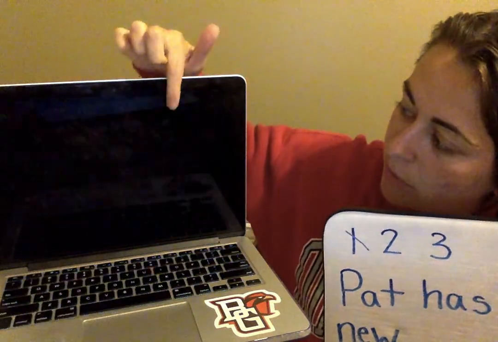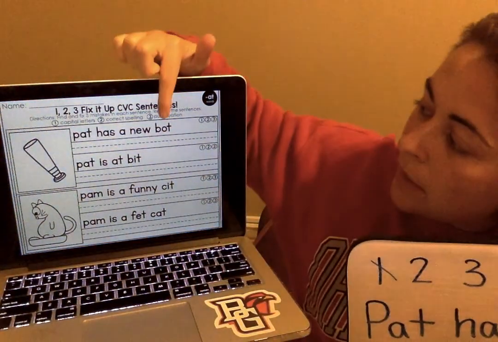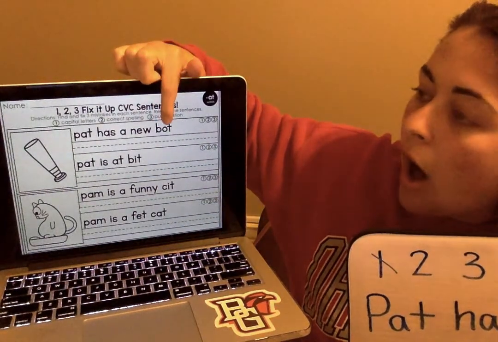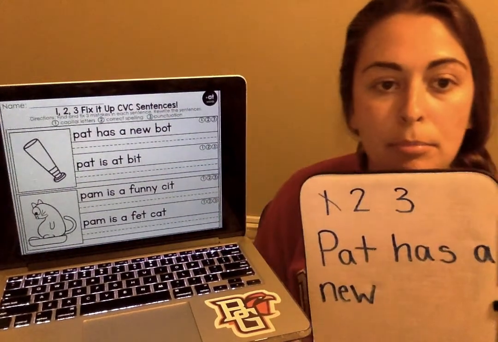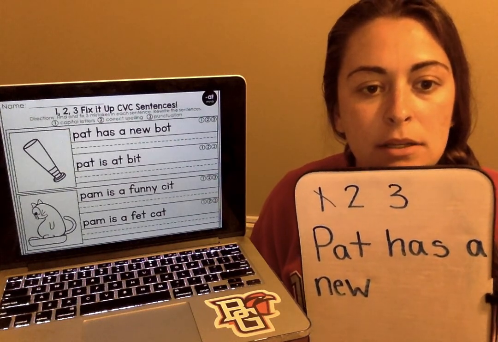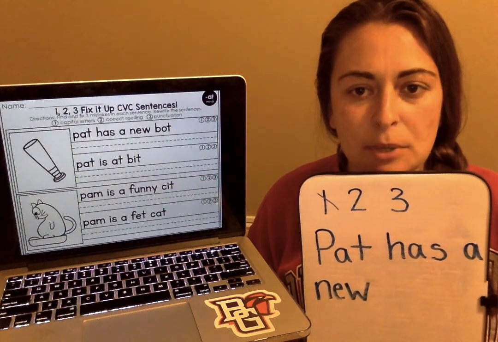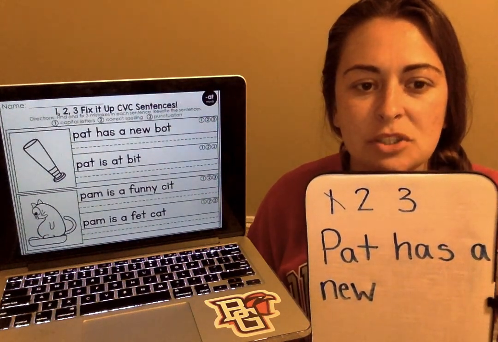Let's see what our last word is. Let's sound that out together. B-A-T. B-A-T. Bot. Now, does that spell bat? No, that's not spelled correctly. What do we need to change? What letter?